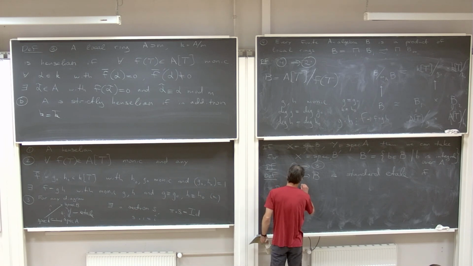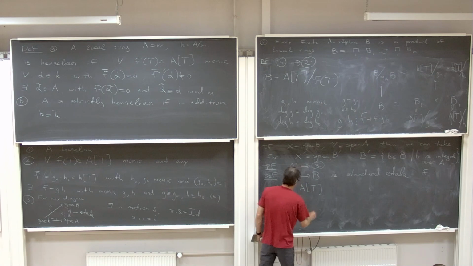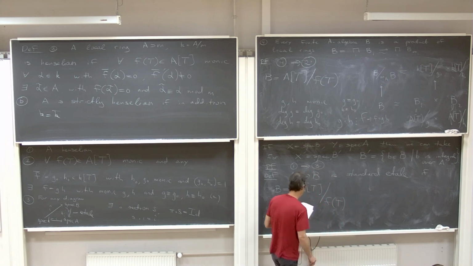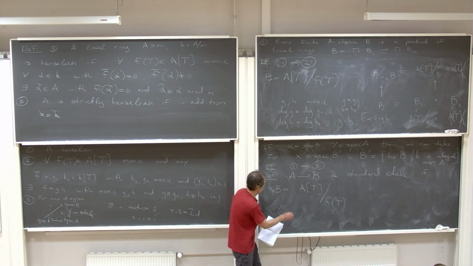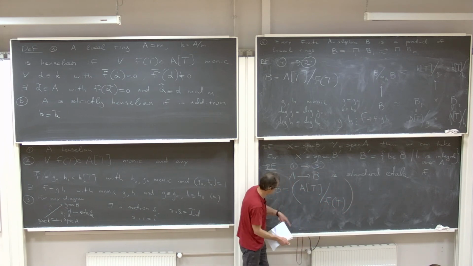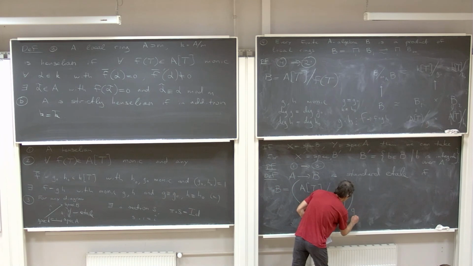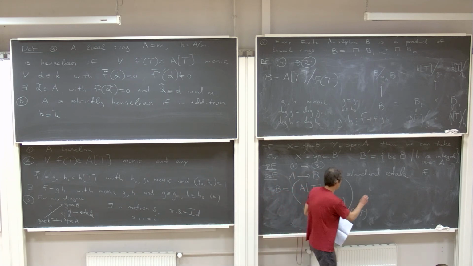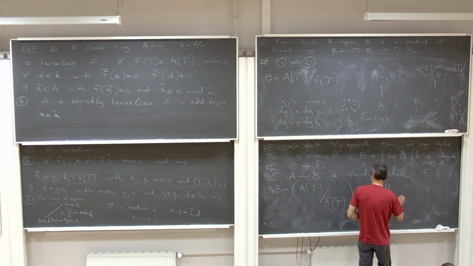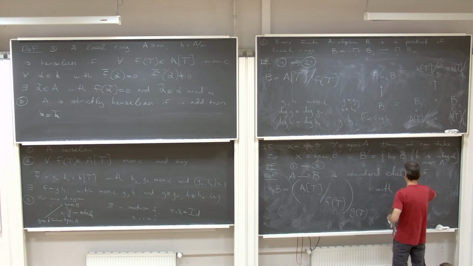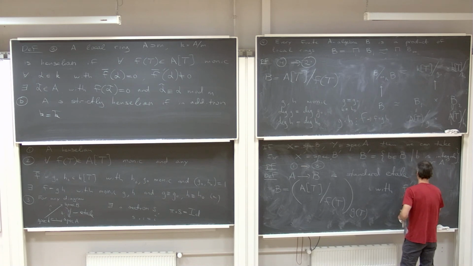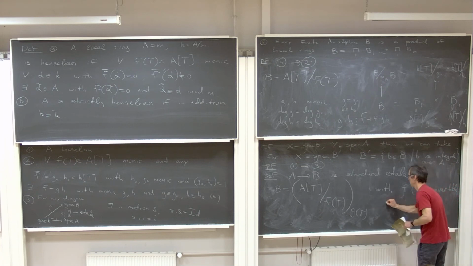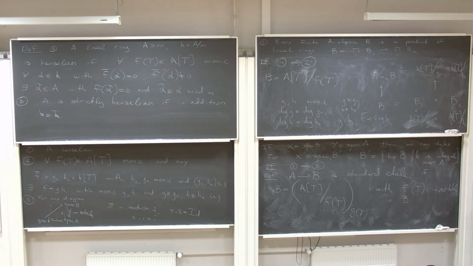You take polynomials A of t and you mod it out by some f of t, and then I allow to localize it at g of t, with f prime of t invertible in B.